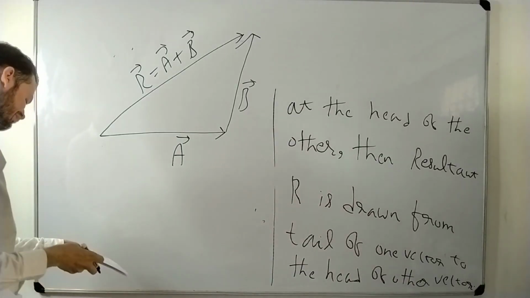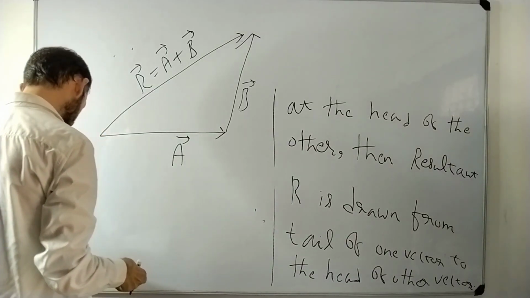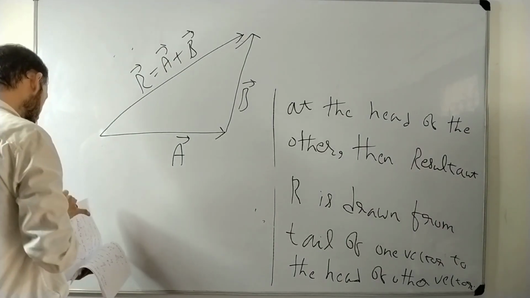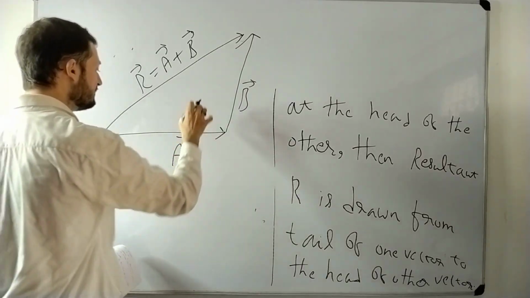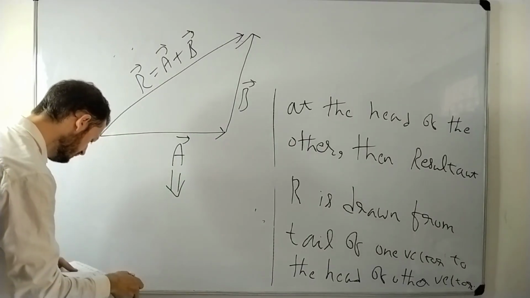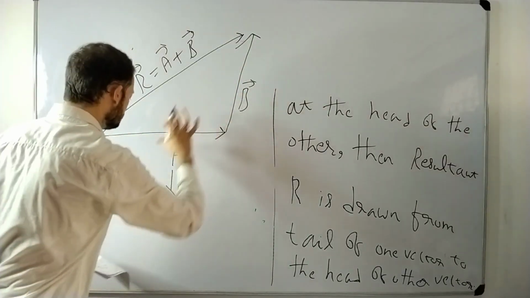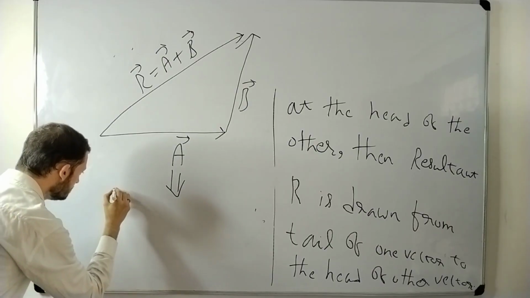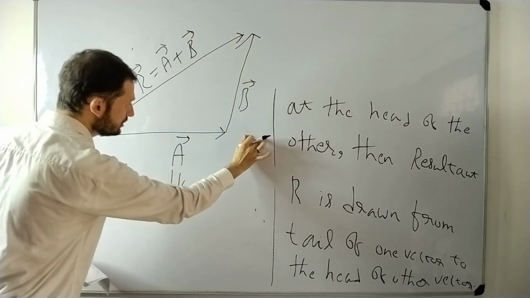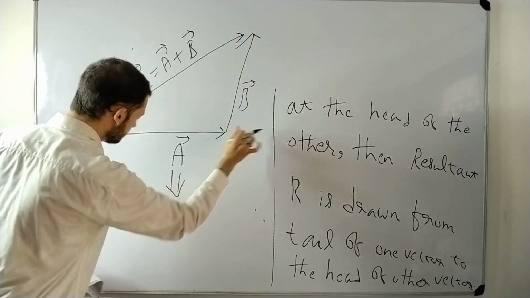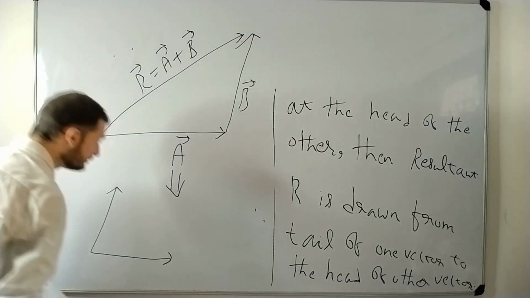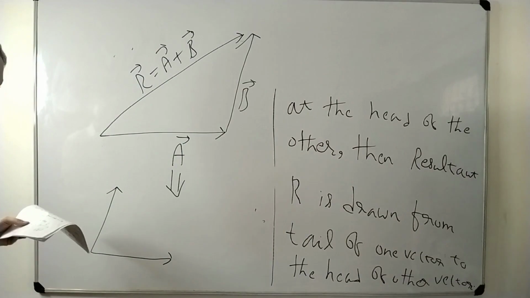Now the second thing, this figure can be drawn in this way also, students. See, B I am taking to be here. This is B vector making same angle and everything, and A I am going to take towards here. A being here, then resultant becomes where, students?